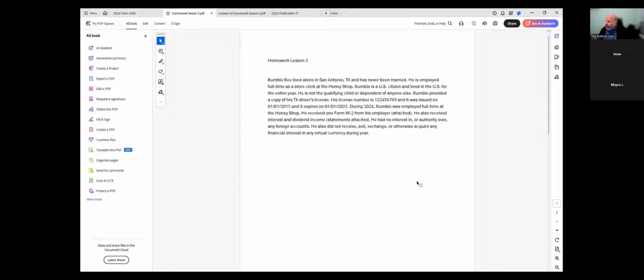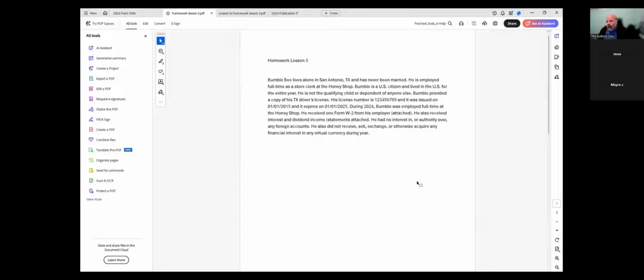Oftentimes we're letting our clients know that their license is expired. They don't realize it. So during 2024, Bumble was employed full-time at the Honey Shop. He received one W-2 from his employer. He also received interest and dividend statements that are attached. He has no interest or authority over any foreign accounts.